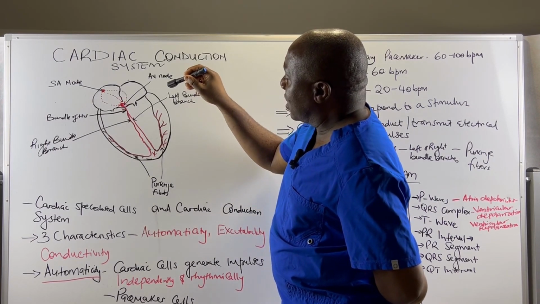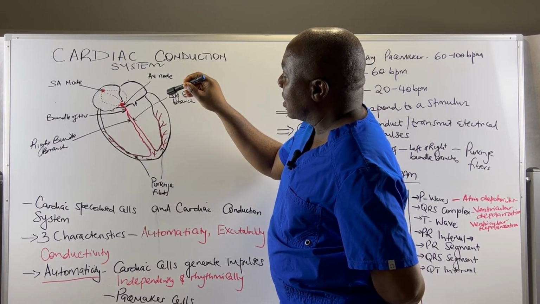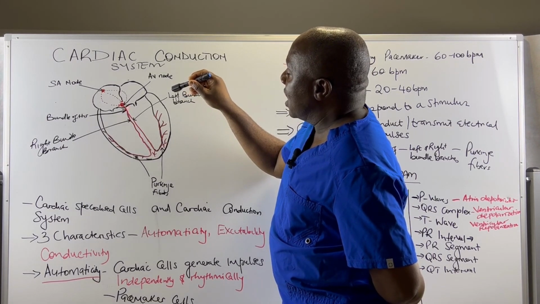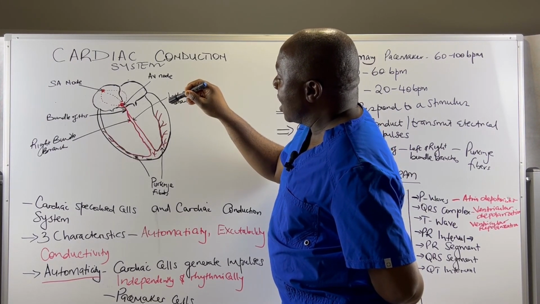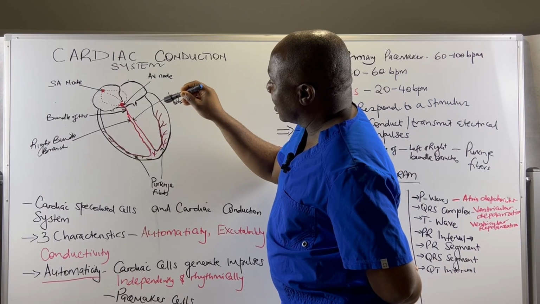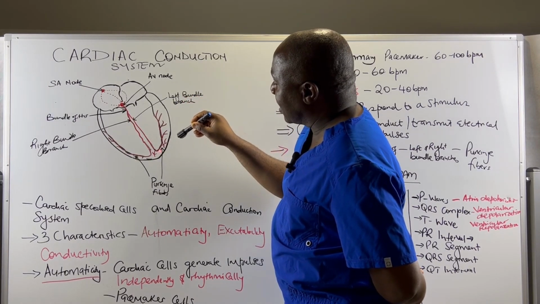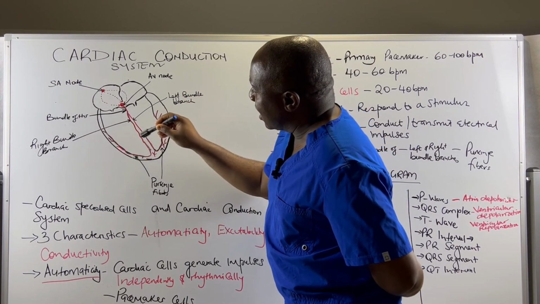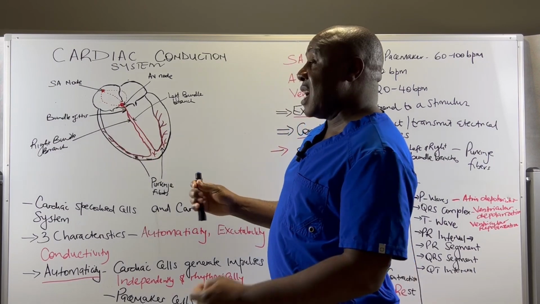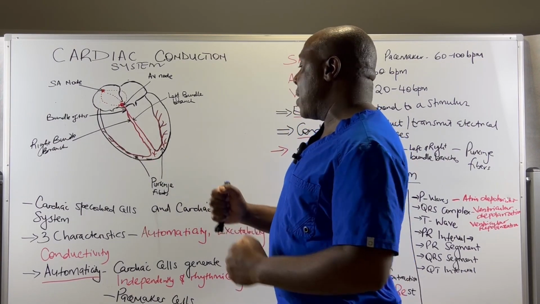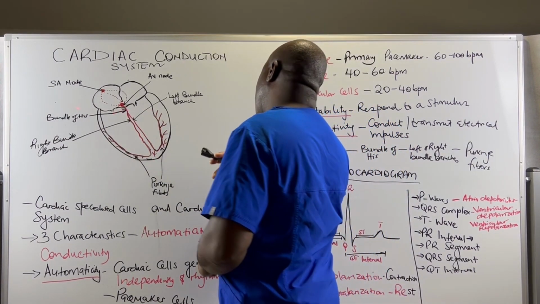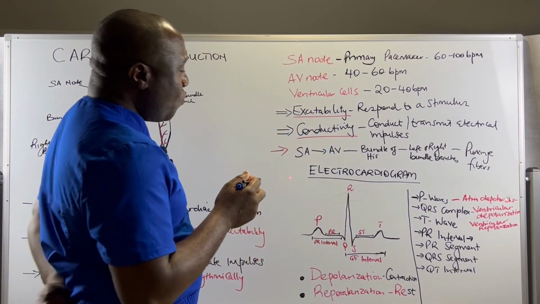From the AV node, they come to the bundle of His. From the bundle of His, the electrical impulses travel through the right bundle branch and the left bundle branch. Then they spread to the Purkinje fibers, and at that time, the heart contracts and pumps blood to the rest of the body.